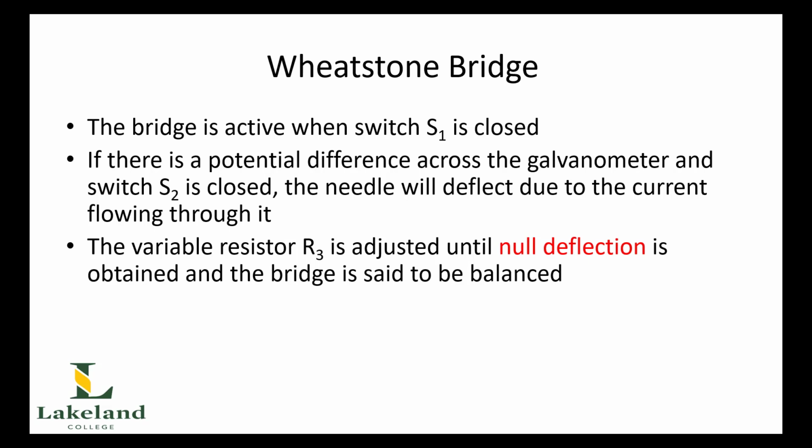The variable resistor R3 is adjusted, meaning increased or decreased, whatever the case may be, until we achieve null deflection, which is basically zero current flowing through the center branch. And when that is achieved, the bridge is now balanced. And when the bridge is balanced, that missing resistance, R4, may be determined.